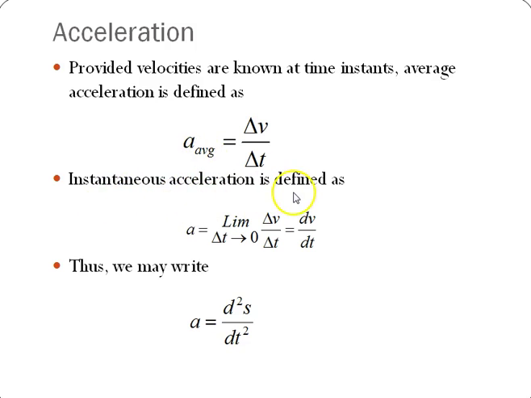Just as we have defined in the previous case, instantaneous acceleration is limit of this ratio delta v over delta t as the time interval is very small. Because we know velocity is ds over dt and acceleration is dv over dt, we can write acceleration to be double derivative, that is second derivative of s.